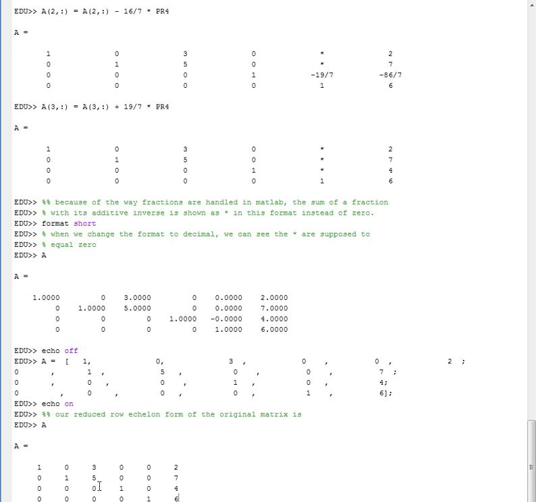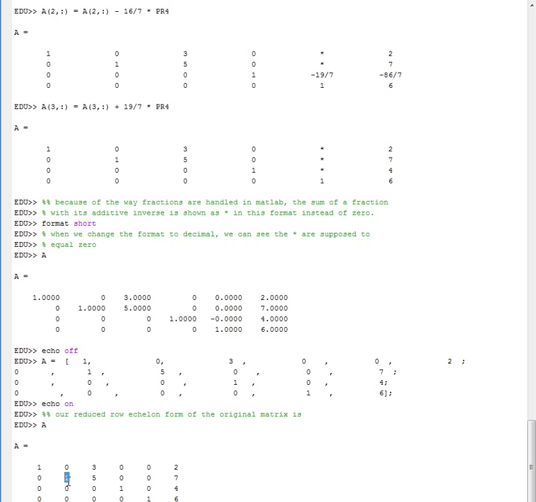Property 3 is the ordering property that I like to call it, and that's just saying that the pivots go from left to right, top to bottom. So every pivot that is to the left of another one is in a row above it, and that's just visually verifiable by looking at the staircase pattern that goes diagonally from top left to bottom right.